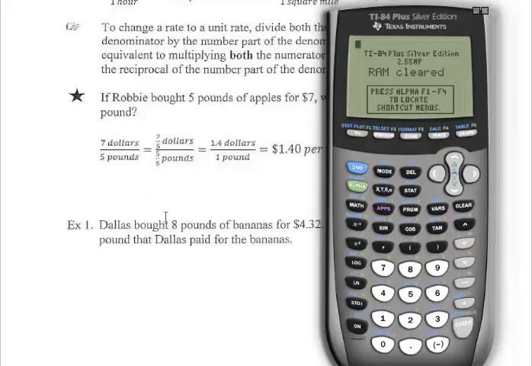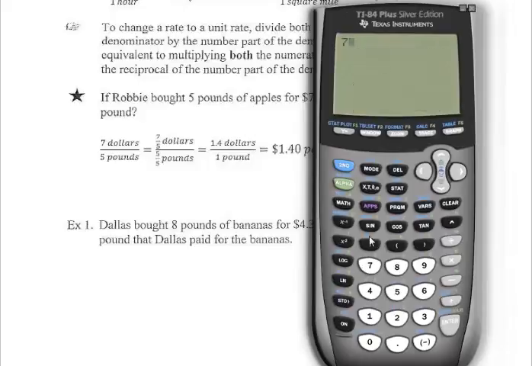As for the 7 and the 5, if we want this to be a unit rate, then we want to turn the 5 into a 1.